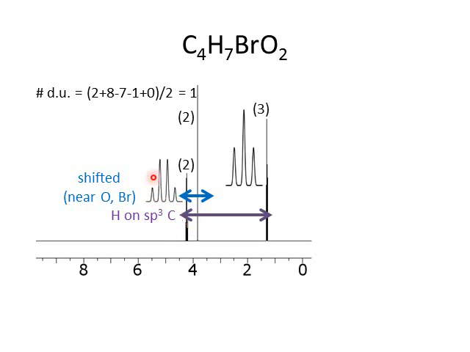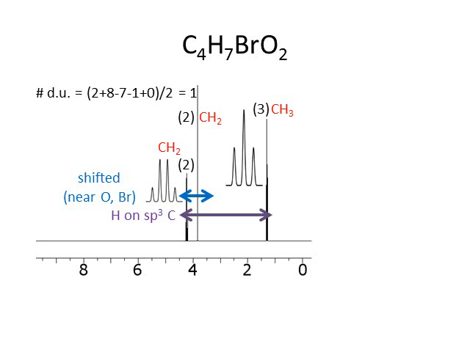If I blow it up big, these are basically 4 triangles. It's a quartet. We'll get to splitting in just a moment. But 2, 2, and 3 adds up to 7. So I know that this one's worth 2 hydrogens, this one's worth 2 hydrogens, and this one's worth 3 hydrogens. That is, I seem to have a CH2, a CH2, and a CH3.